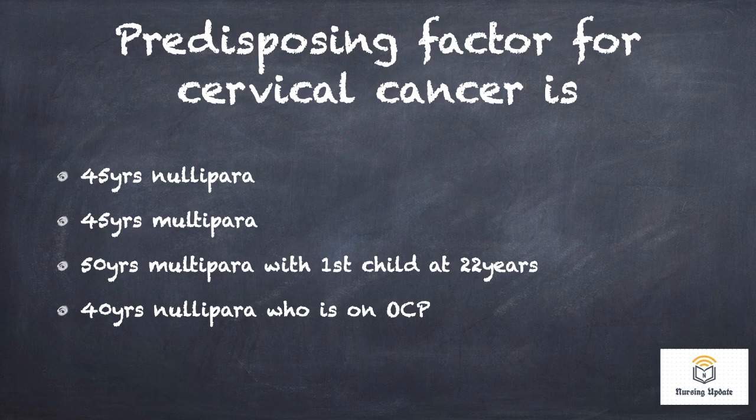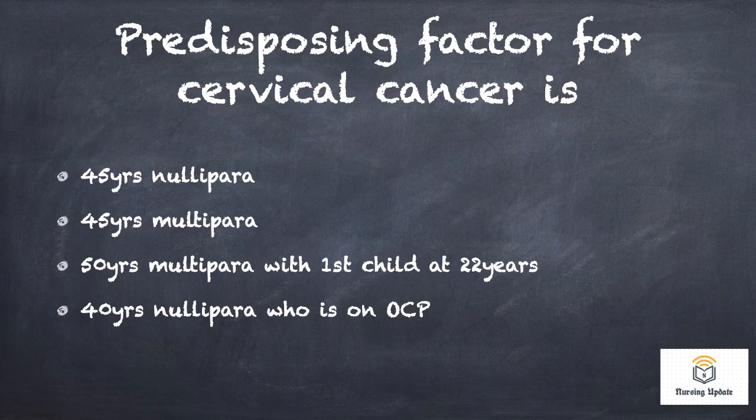Then, next question. The predisposing factor for cervical cancer is option A, 45 years nullipara, option B, 45 years multipara, option C, 50 years multipara with first child at 22 years, and option D, 40 years nullipara who is on OCP. In this question, they have asked the risk factor, the woman who is more prone to get cervical cancer. I hope you know what is nullipara and what is multipara.